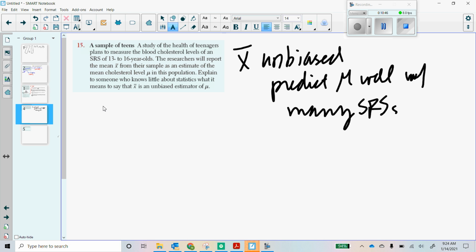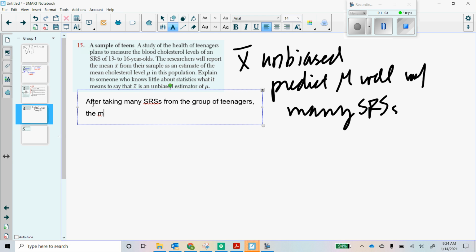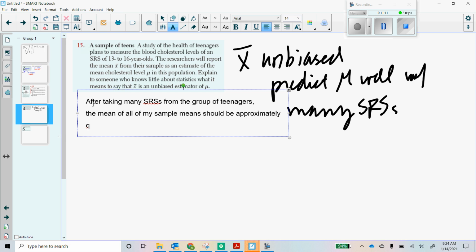So I could say something like this: after taking many simple random samples from the group of teenagers, the mean of all of my sample means should be approximately equal to the true mean.